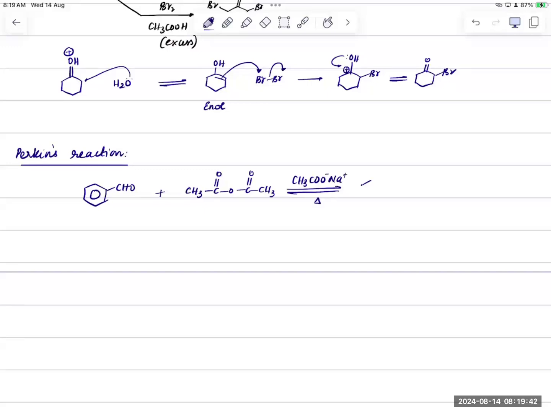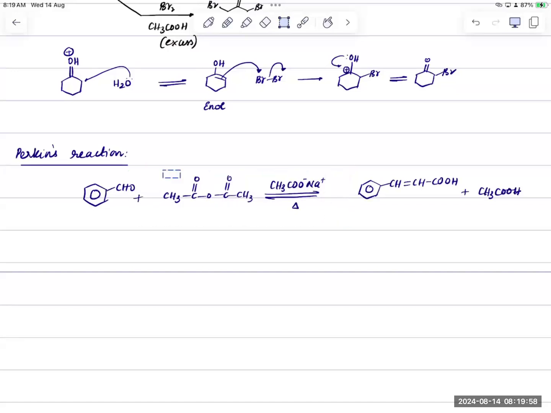In that case, what we will notice is that we will get cinnamic acid and acetic acid. These are the products formed. Of course, it is followed by hydrolysis. H3O plus has to be added, then only it will become cinnamic acid.